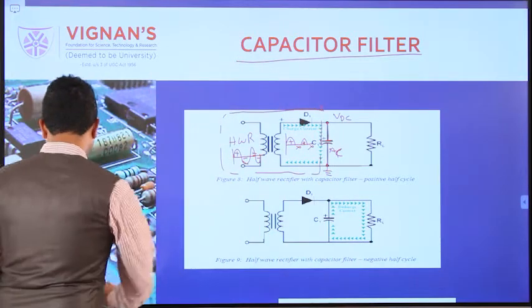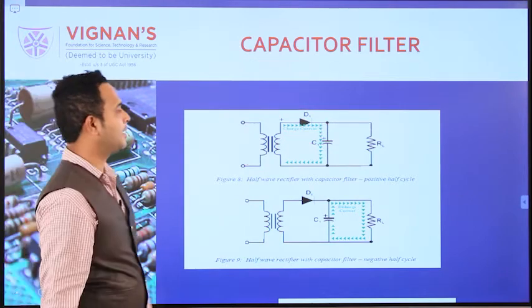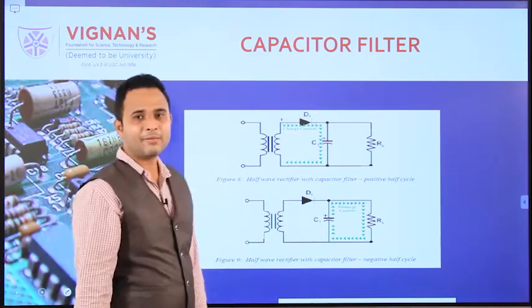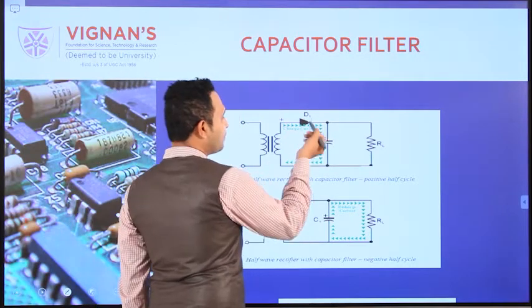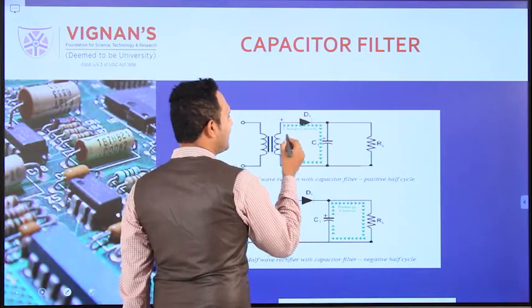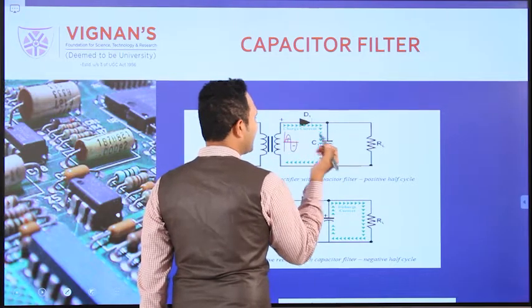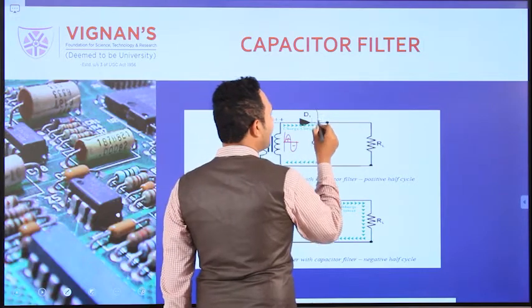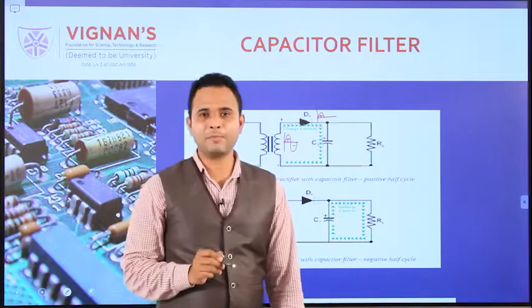We can explain these things with the help of the peaks. Here we have the output side. Generally, at the transformer output side we have the sine wave, with a positive peak and a negative peak. At the diode output we have only the positive peak. So what happens at the time of the positive peak?